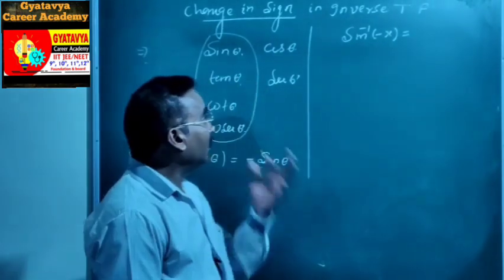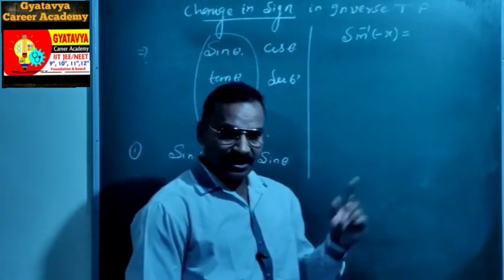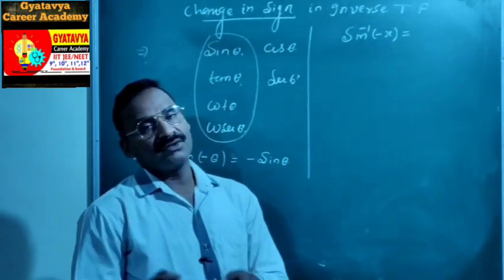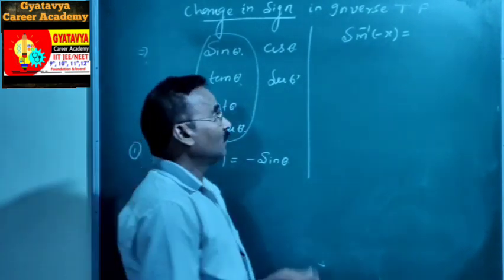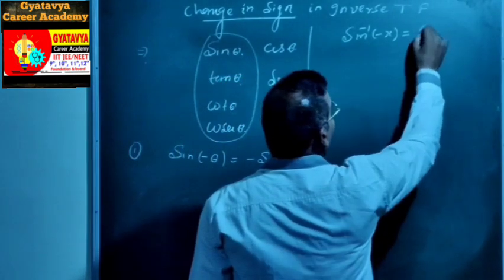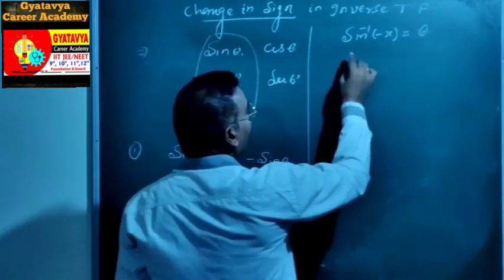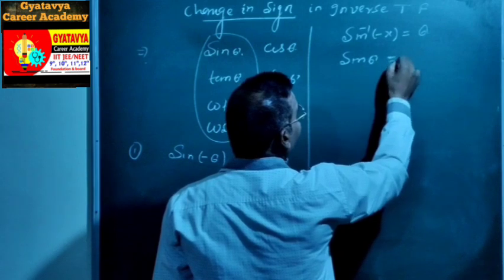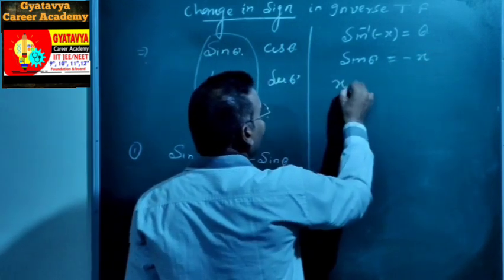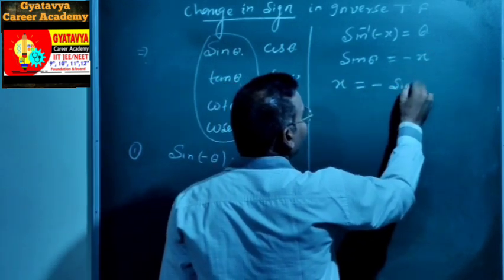So without calculating anything in inverse trigonometric function, you have to convert into trigonometric function. Okay, so first we take theta, whatever is given. Now convert into trigonometric function. So this will be sin theta is equal to minus x. Okay, so x equals minus sin theta.